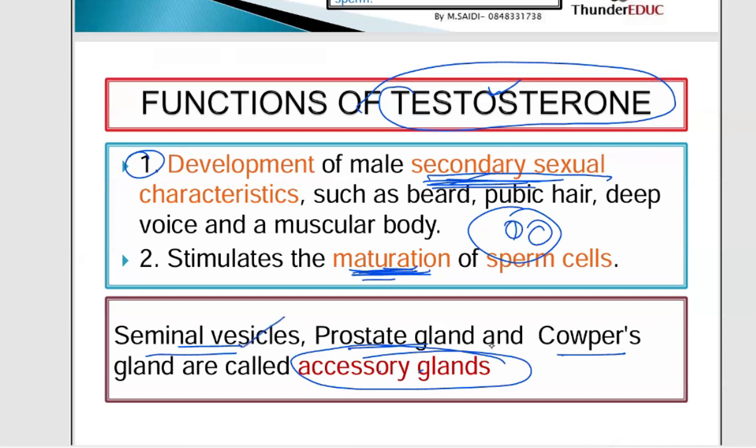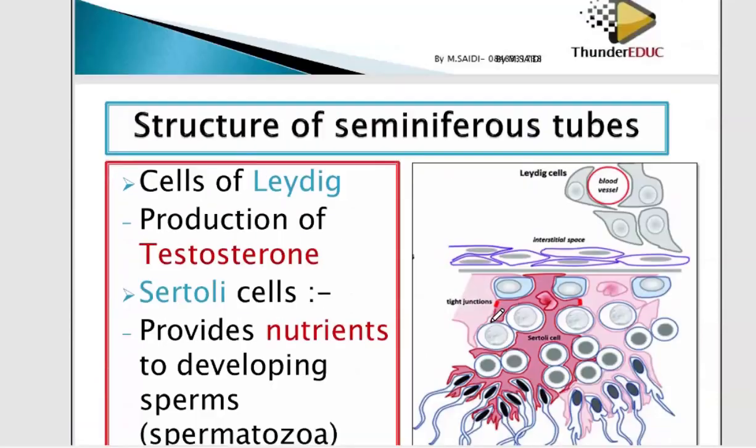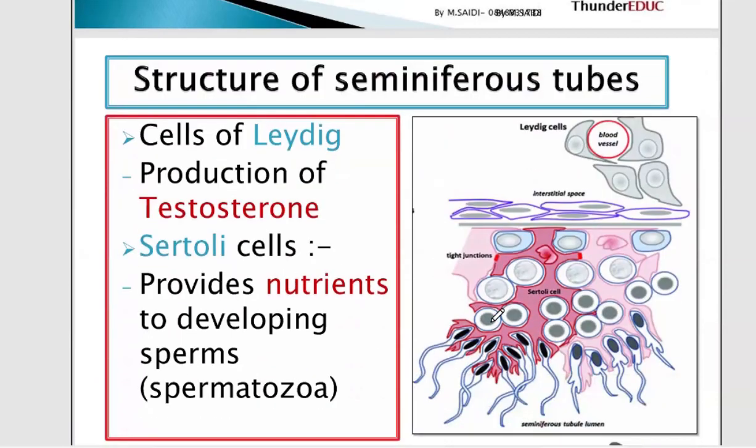That is the seminal vesicle, prostate gland, and Cowper's gland. You need to know that also. But now, we have seen that testosterone is very important in the maturation of sperms and also responsible for secondary sexual characteristics. So where is it being produced from? Remember, testosterone comes from the testis.